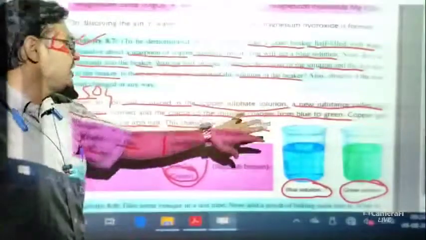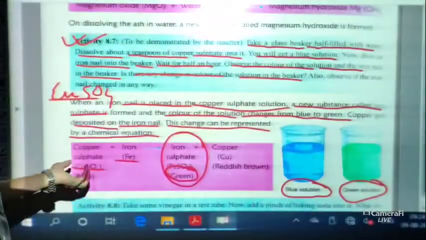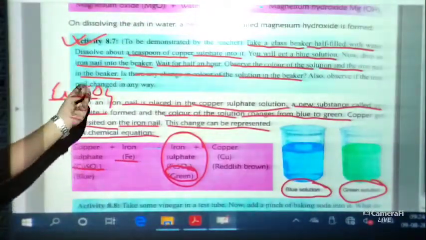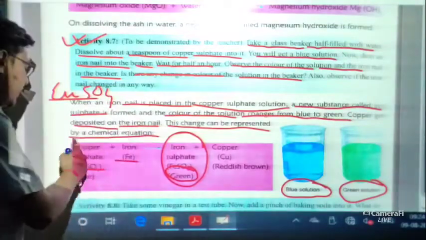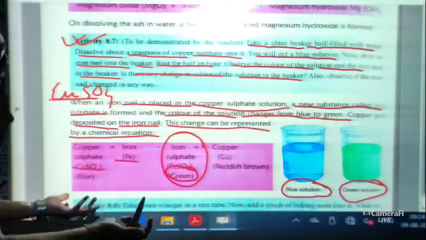Now students, these activities are under chemical changes, but these experiments are also very important for your exam. A question will come in this way: what will happen when we put an iron nail into copper sulfate solution? Then you have to explain that we wait after putting the iron nail, then the solution turns green in color.